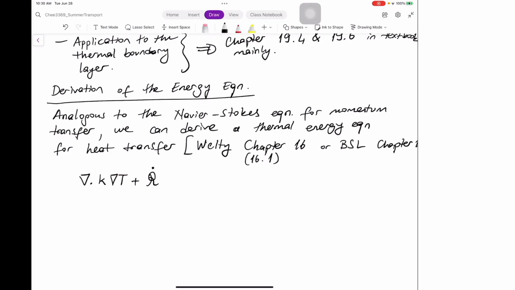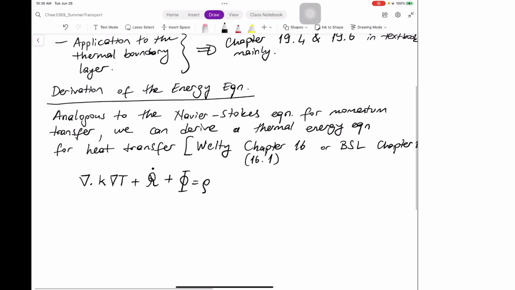I use fancy R dot for the heat generation, plus phi, is equal to rho Cp dT over dt.